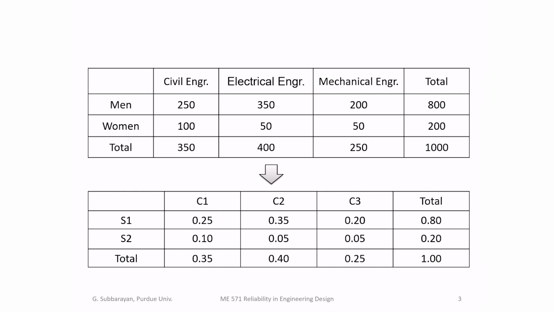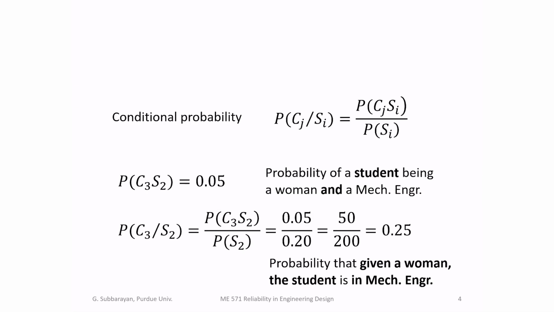The second question that we are asked is, given that a student is a woman, what's the probability that she would be in mechanical engineering? So given that a student is a woman, what we are seeking is the probability that she would be in mechanical engineering, and that's a conditional probability question. So the first question is probability of C3 and S2, student is woman and in mechanical engineering.